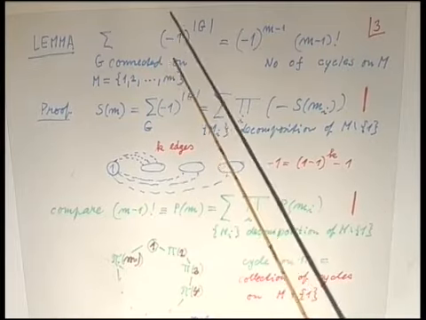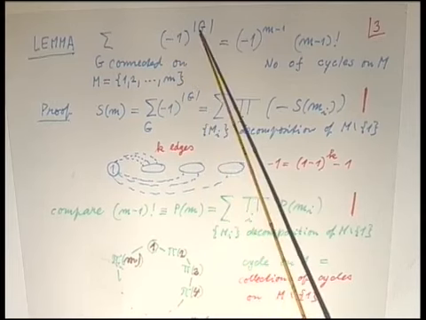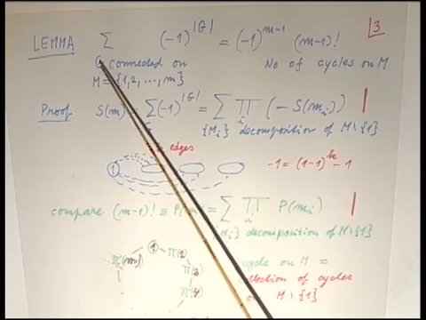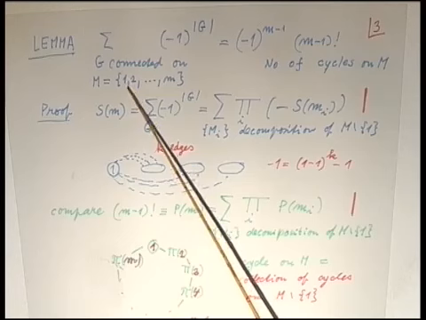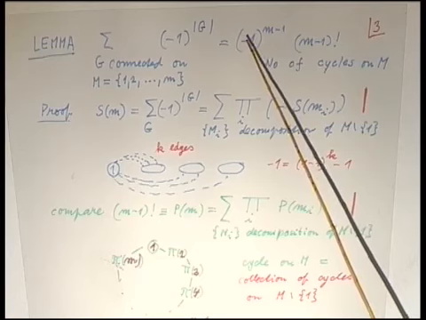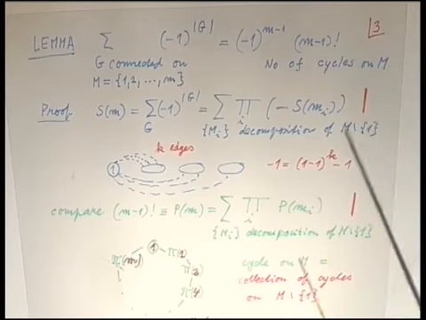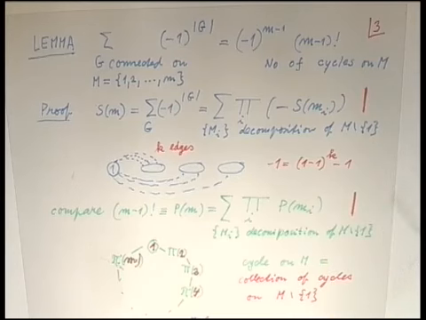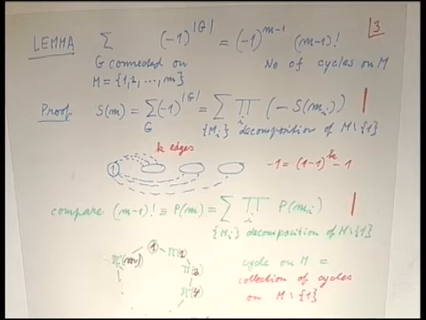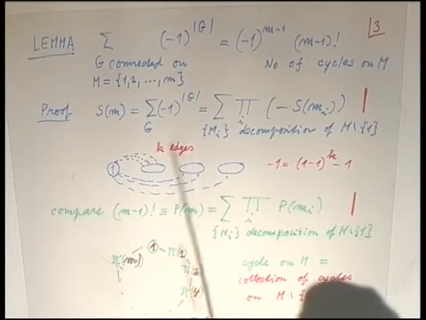If you sum the quantities (-1) to the length of the graph over all connected graphs on a set of n points, then the result is (-1)^(n-1) times (n-1) factorial. And (n-1) factorial is an important thing. It is the number of cycles on a set of n integers.